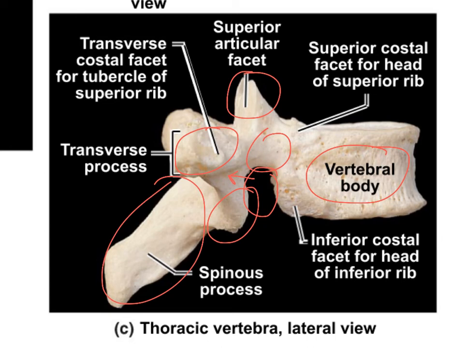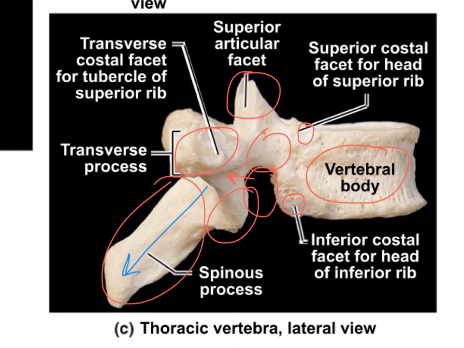The big difference in the thoracics, first, there are some smaller indentations where the ribs connect, because the ribs only connect to the thoracic spine. They don't connect to the cervicals, and they don't connect to the lumbar. But really importantly, I think, for your identification, is that the spinous process is narrow and it points down. It's not straight down, but it has a much steeper angle.